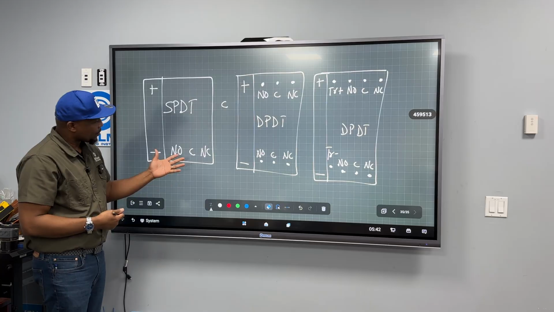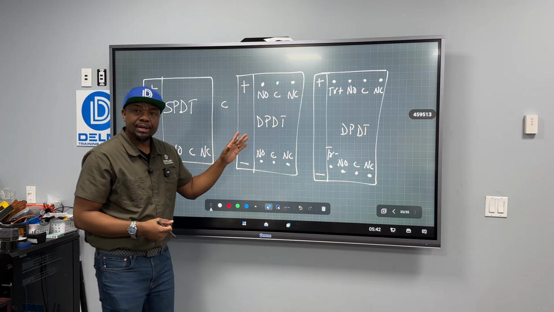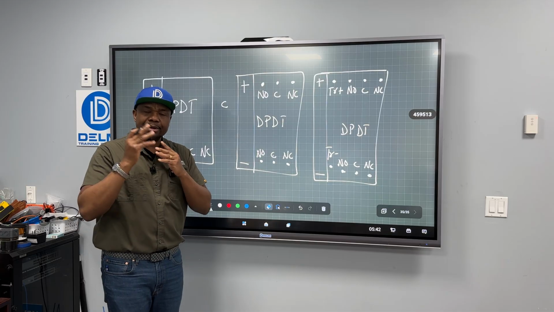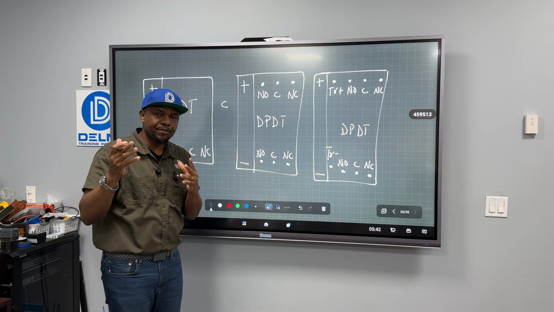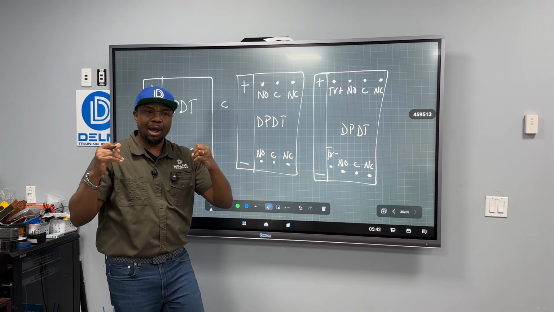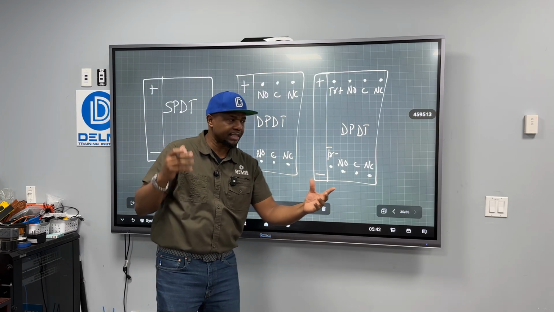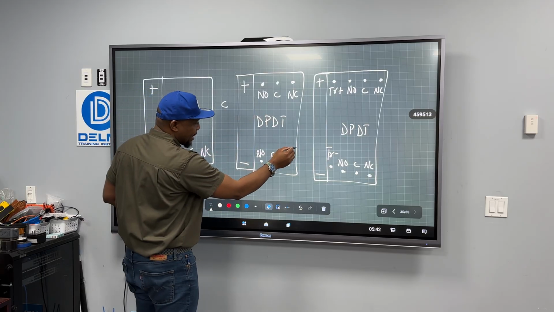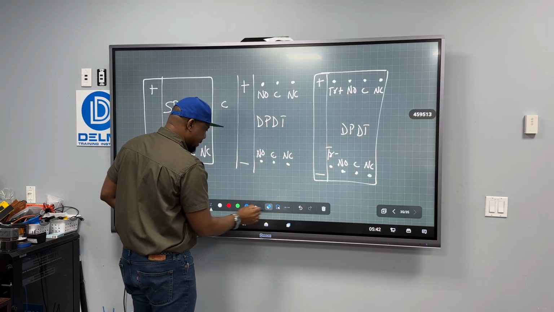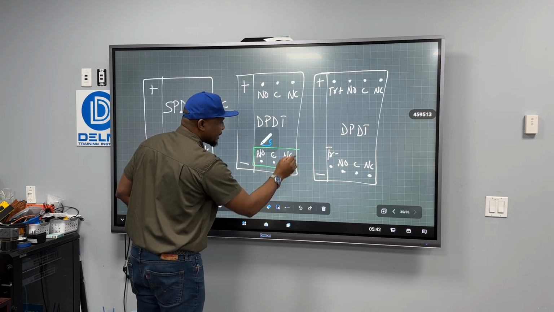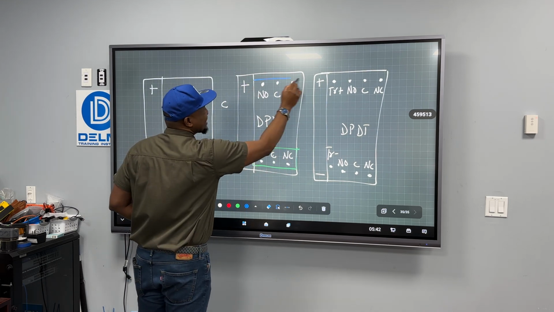But if you have a device or multiple devices that work using different voltages, different output devices, then you need a double pole, double throw, because this here becomes 1 circuit, and this becomes another circuit.